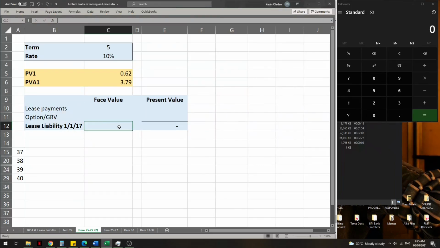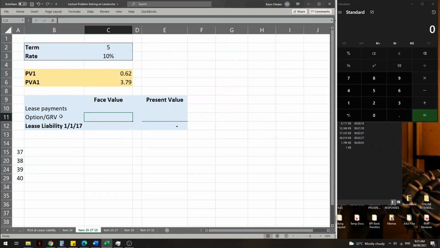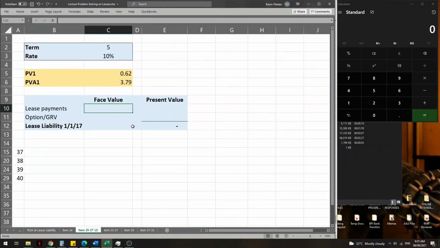That is the present value of our lease payments and the present value of our purchase option, which in the problem are 1 million and 500,000. So let's take their present values, 1 million and 500,000, by multiplying them with their respective present value factors. The lease payments are going to be multiplied by PV annuity of 1, which is 3.79.